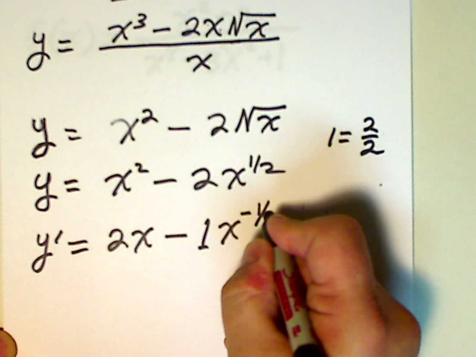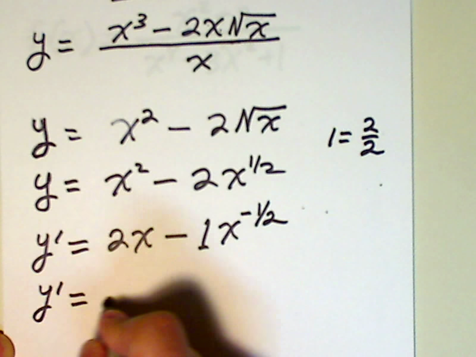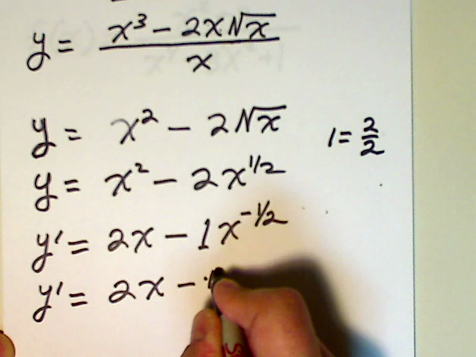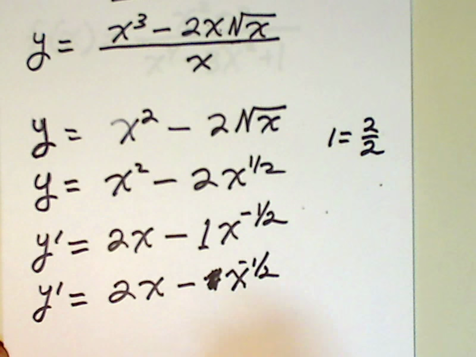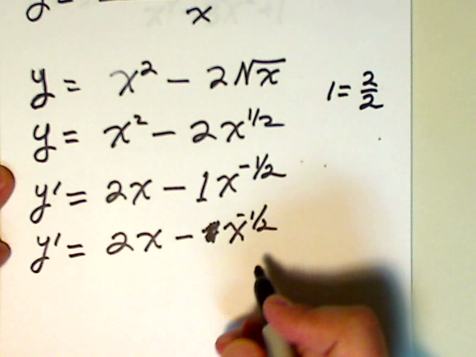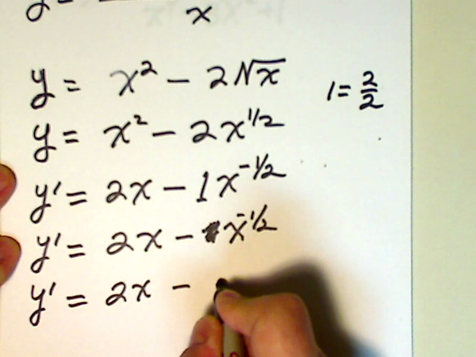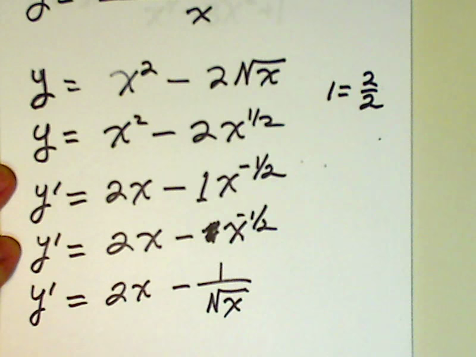So this becomes negative 1/2. So y prime is equal to 2x minus x to the negative 1/2. Let's kick this down into the denominator. Y prime equals 2x minus 1 over the square root of x.